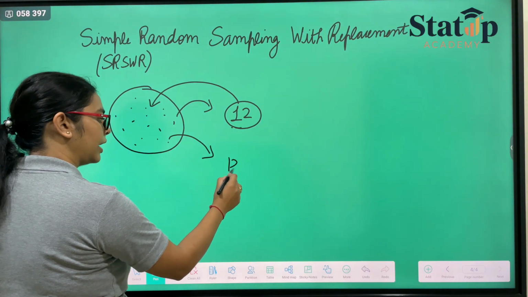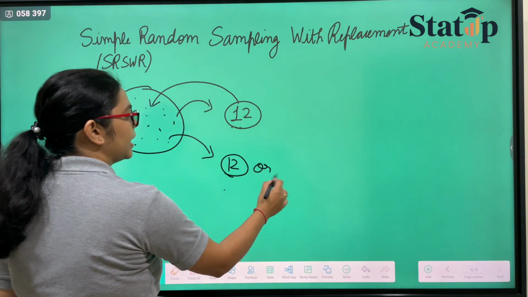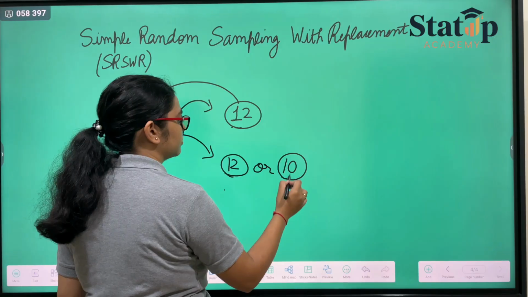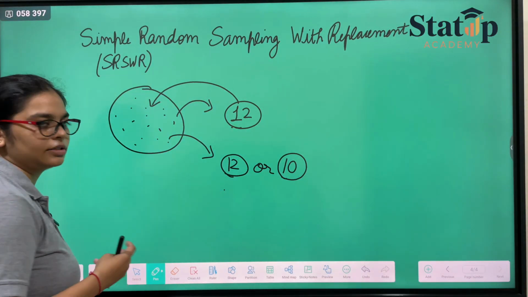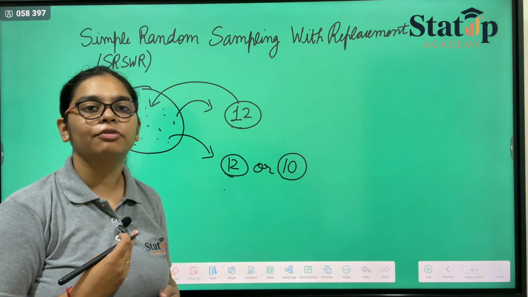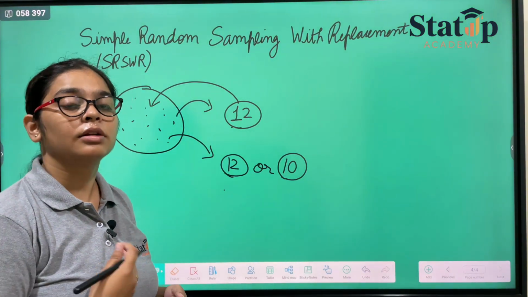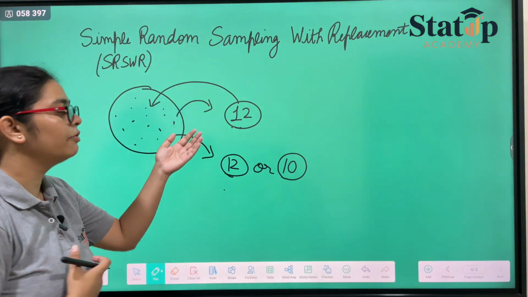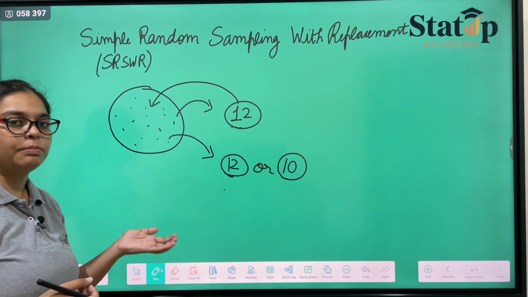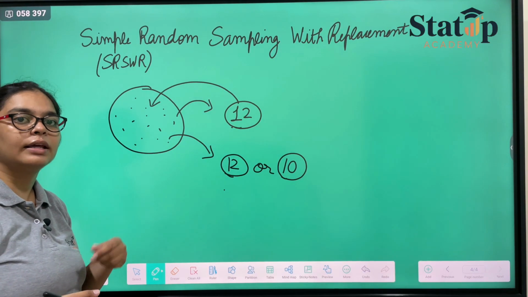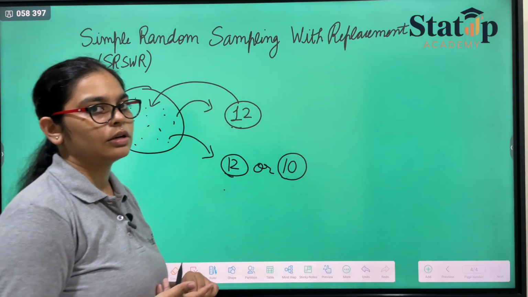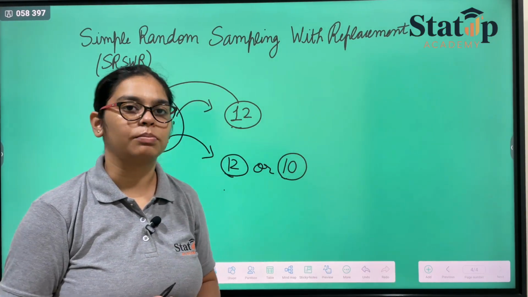It can be 12 again, or it can be any other number. Suppose it is 10. So every time the probability of selection of a unit remains the same, because we replace the chit again and again. We pick out a chit, see the number, and then put the chit back in the box. This is simple random sampling with replacement.